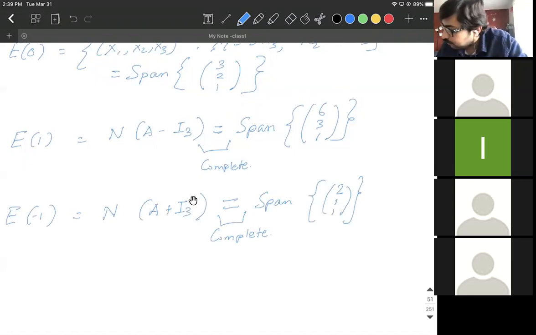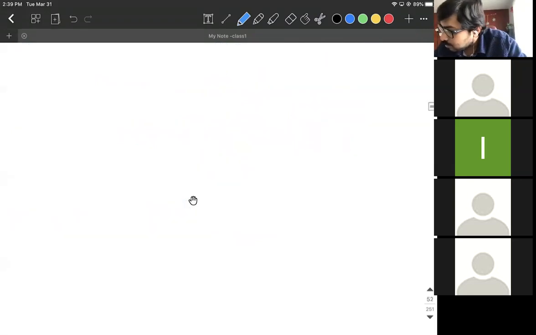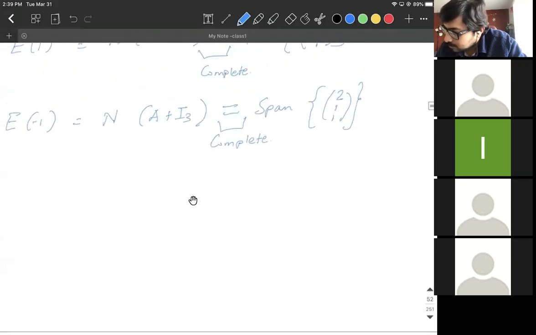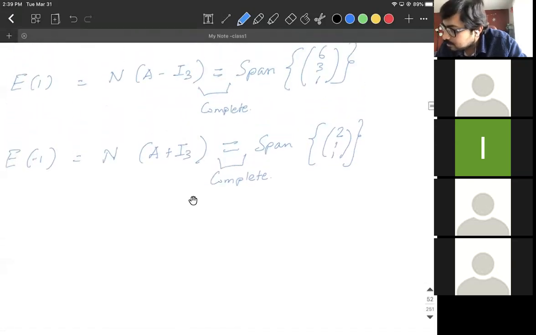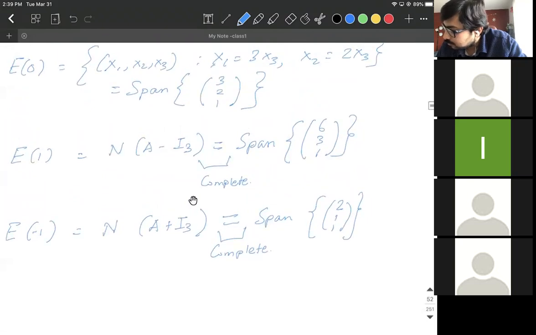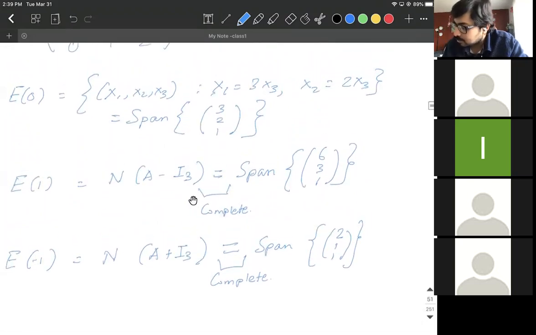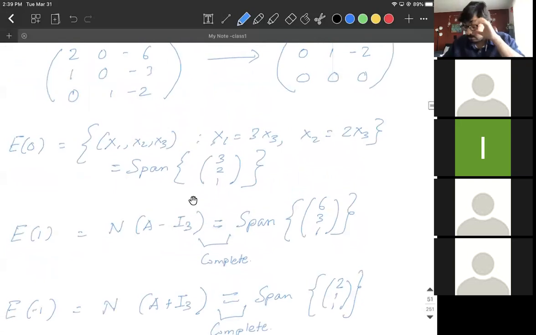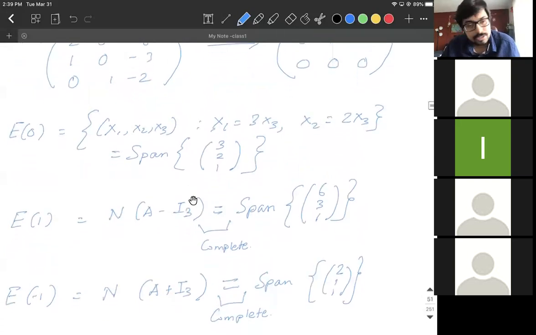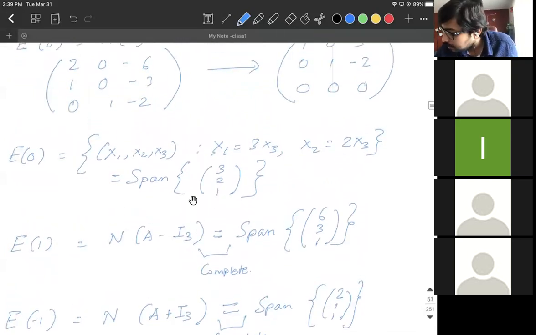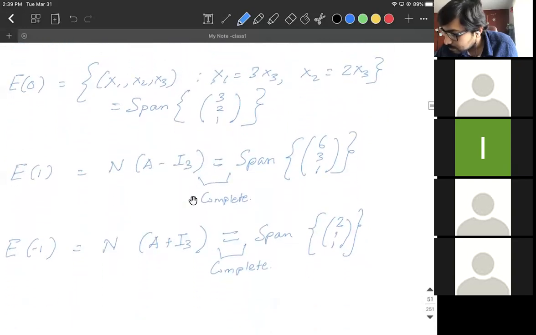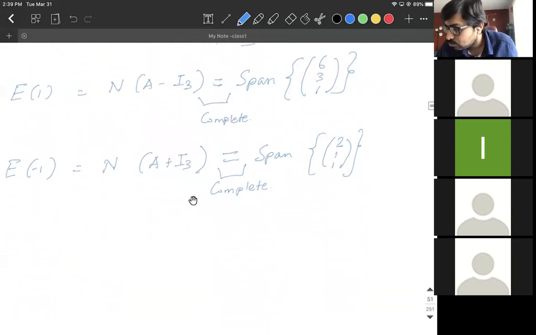Now, once you have done this, you have these three eigenvectors, which span the eigenspaces corresponding to 0, 1, and minus 1, namely 3, 2, 1, then 6, 3, 1, and 2, 1, 1.